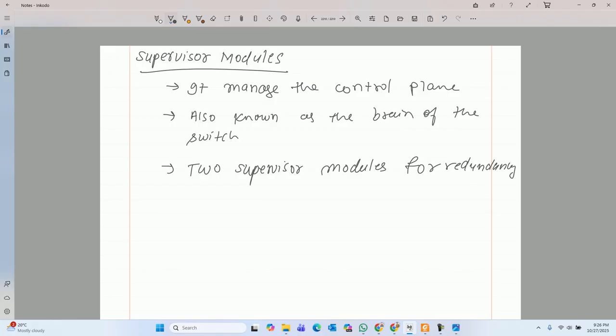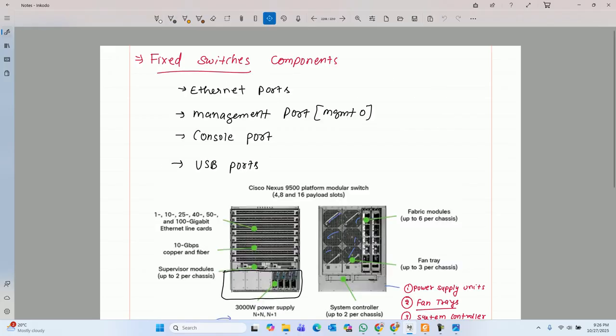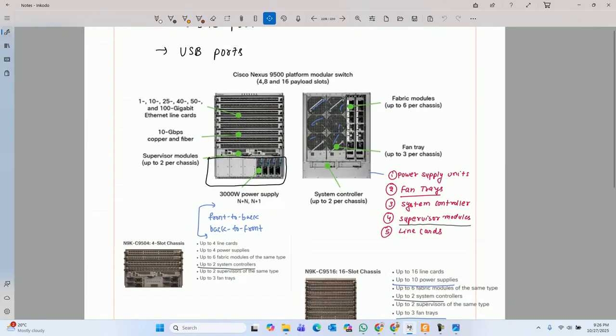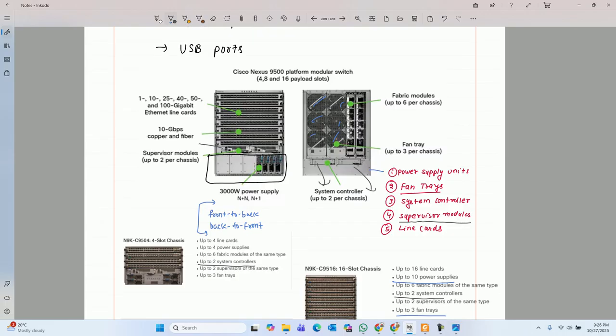All these things will be taken care of by the supervisor module. We always have two supervisor modules. The supervisor module is on the front side, and on the back side you will see the system controllers.